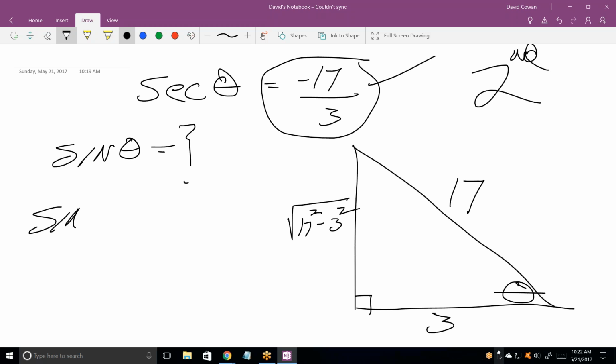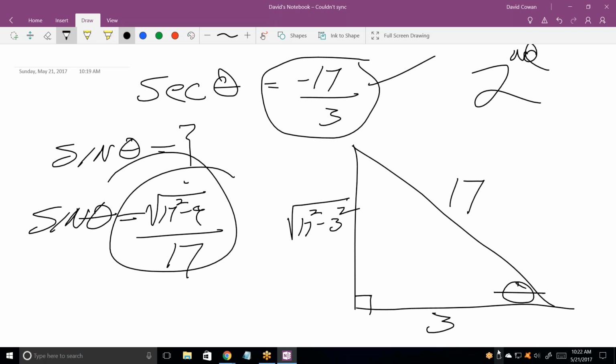So the sine of theta would be opposite over hypotenuse. That's what the sine of theta is. And I could do any trig function based on this picture and based on which quadrant it's in. All right.